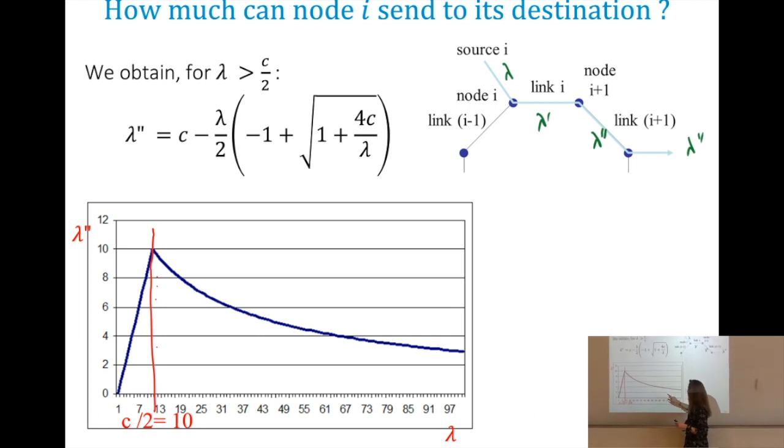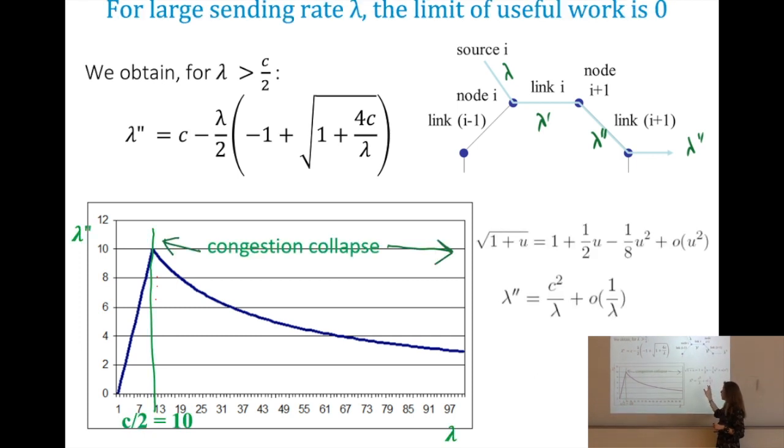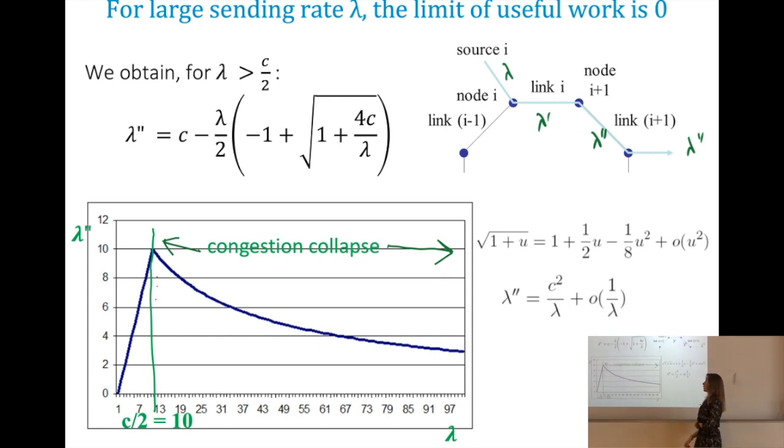It will really decrease, and if we use Taylor expansions, we can see that lambda second is actually in 1 over lambda. So as lambda grows to infinity, lambda second goes to 0. It will really go to 0, and this is what we call congestion collapse. So in this case, not only is it bad to send too much data, but it gets worse and worse, and at some point it's so congested that we will not be able to send anything at all.